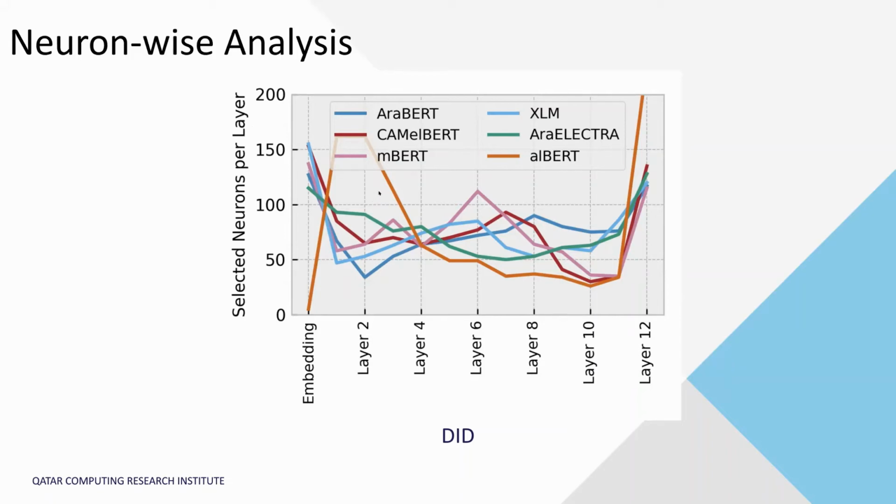And ALBERT has this kind of hump in the second layer, which indicates it has a different architecture than the BERT models we looked at.